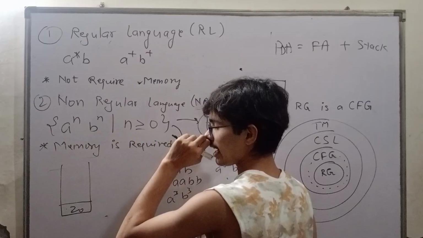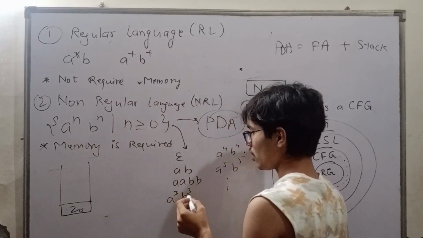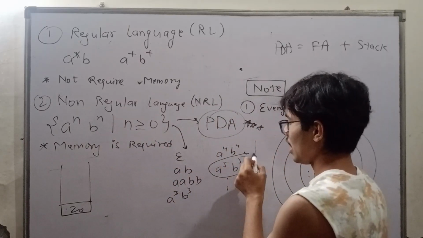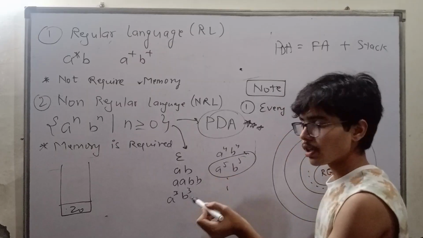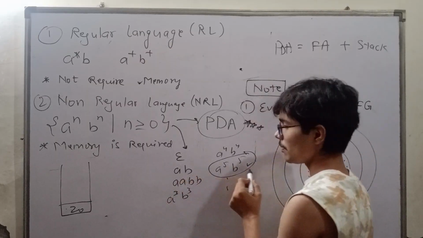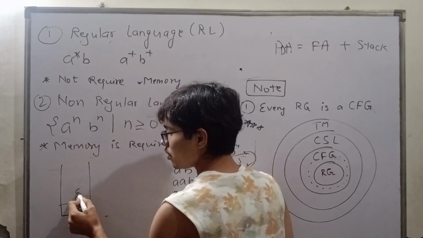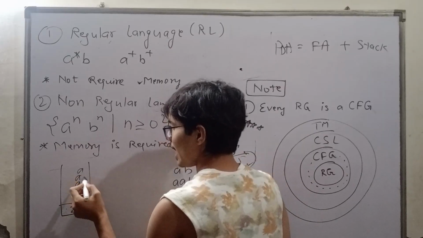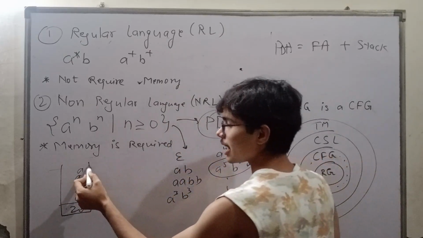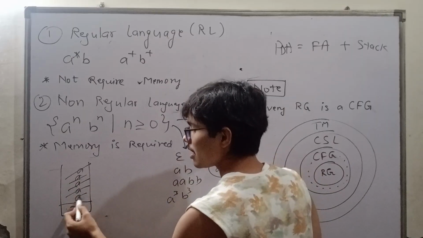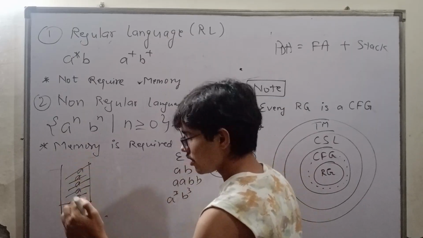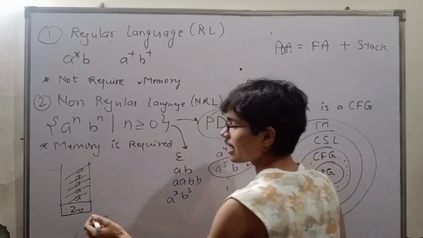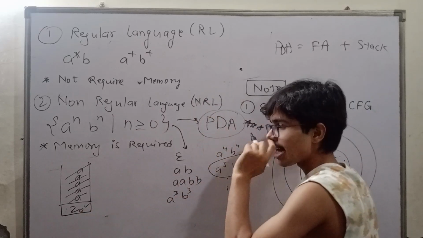Just push for each a. If I give you the input string a power 5, b power 5, so 1, 2, 3, 4, 5. And when b comes, I remove these. In the last, after completing this, if I get Z0, then I accept this string.